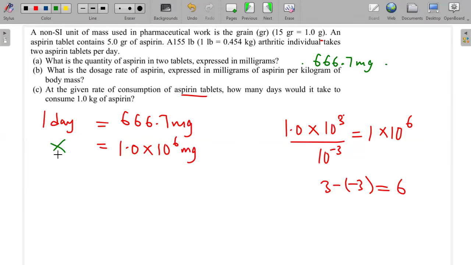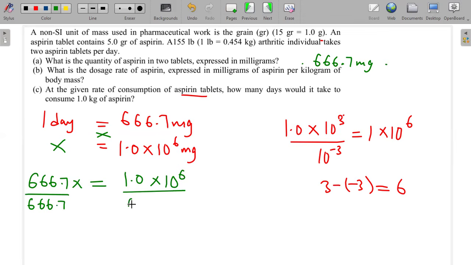So this will be x. Cross multiply now: 666.7 x equals 1.0 times 10 to the power 6. Then I divide this by 666.7, so x will be equal to, I just punch this onto the calculator, 10 to the power 6 divided by 666.7.